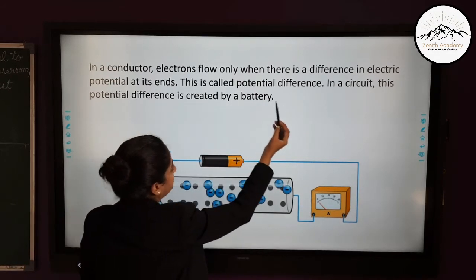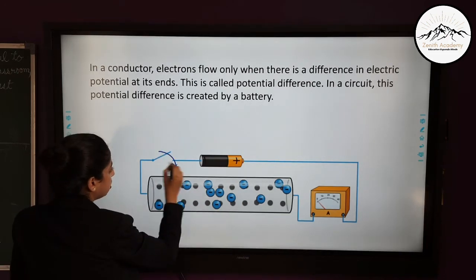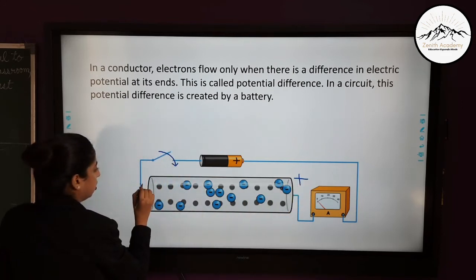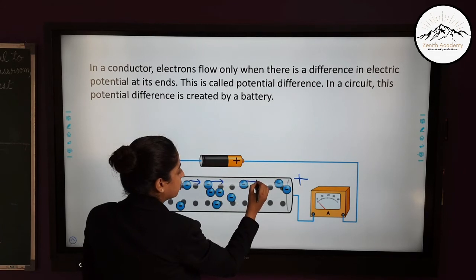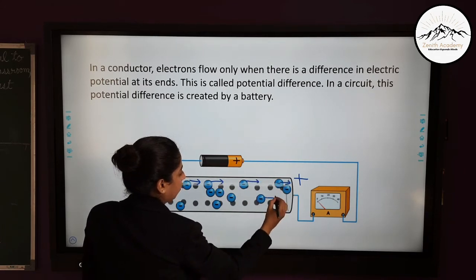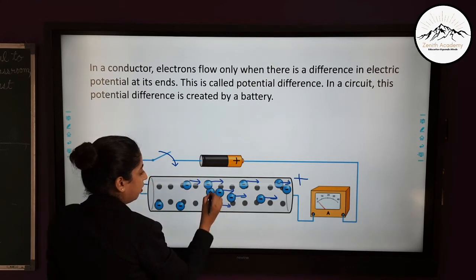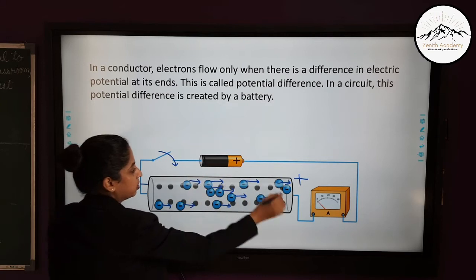This is called potential difference. If I connect this battery now and switch this on, there is a potential across its ends. Now these electrons will start drifting towards the positive side. All the electrons, instead of moving here and there, will slowly start drifting towards this side.